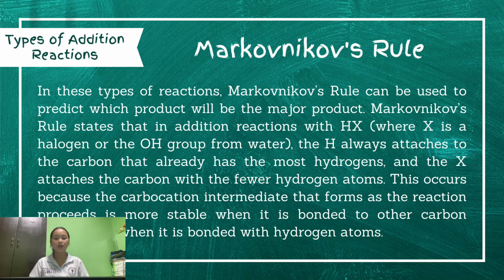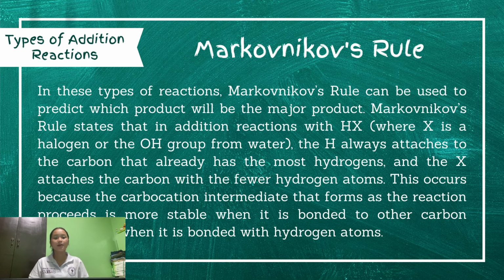This occurs because the carbocation intermediate that forms as the reaction proceeds is more stable when it is bonded to other carbon atoms than when it is bonded with hydrogen atoms.